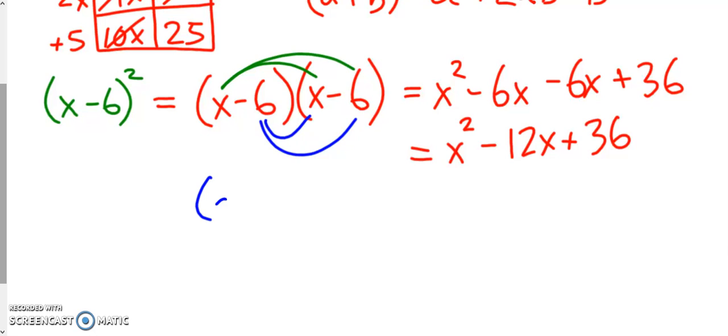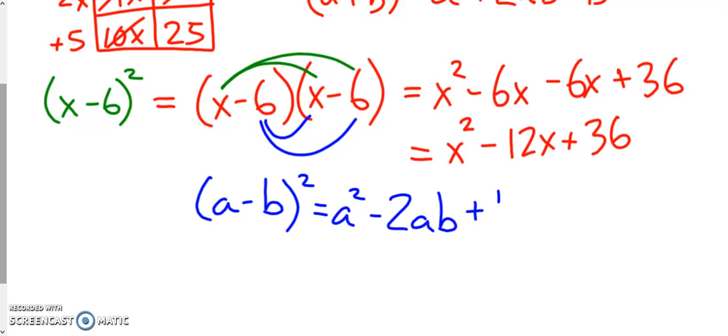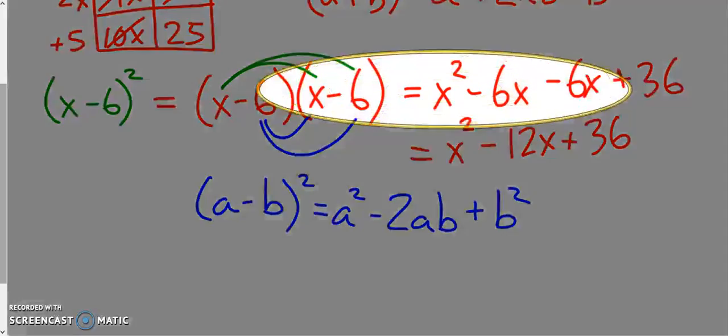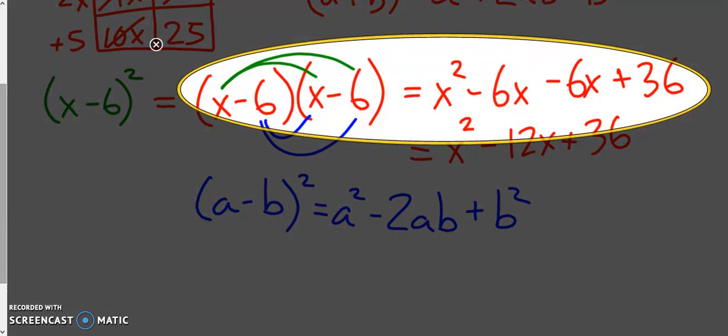So if you take a minus b quantity squared, that's a squared minus 2ab plus b squared. And again, only use this if it's helpful to you. If it's not helpful to you, just write this whole thing out like this. Okay? It'll take care of itself.